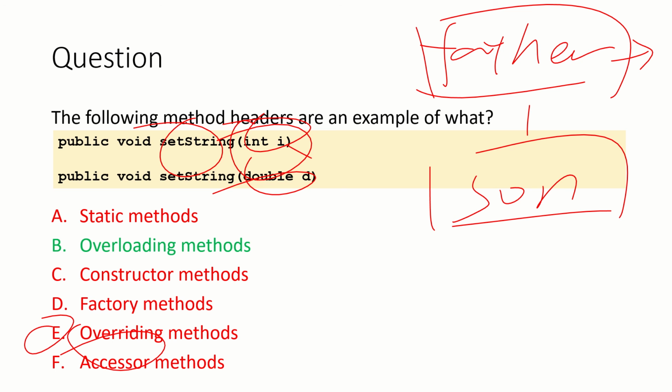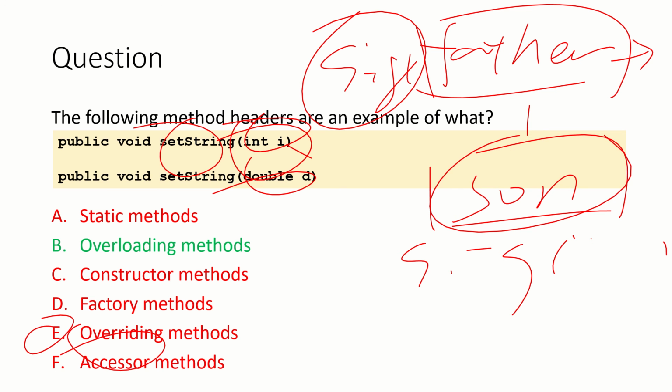Maybe the father has a method, sing song, but he can sing a Spanish song. You can inherit, but you can't sing Spanish. But you can override it to say I can sing a French song, a Chinese song. The body is different, but the method is the same. So this is called overriding. Any questions? No? That's it for class today.